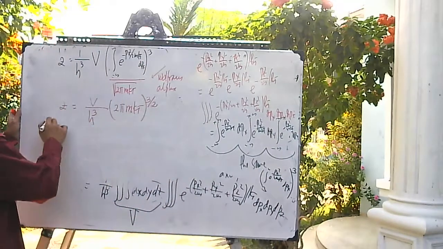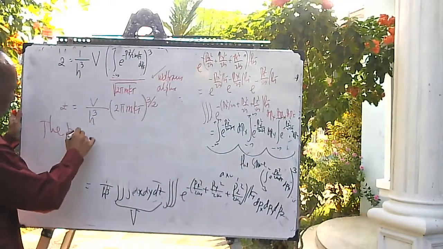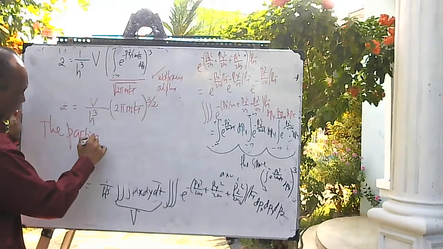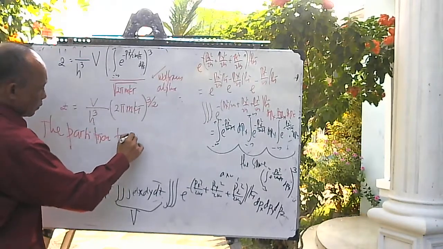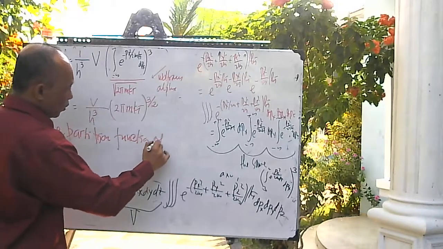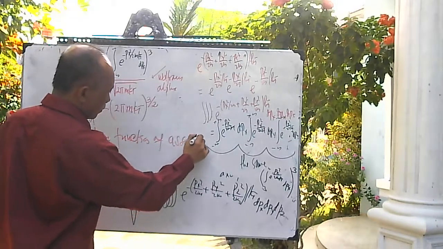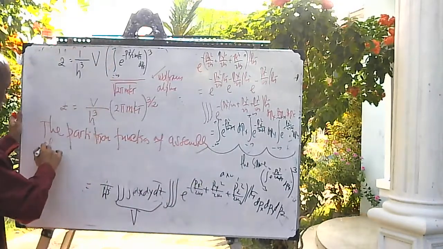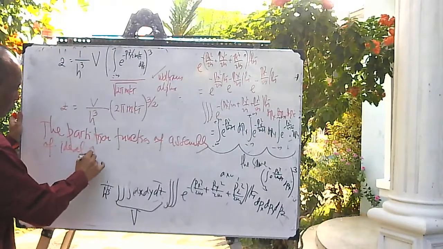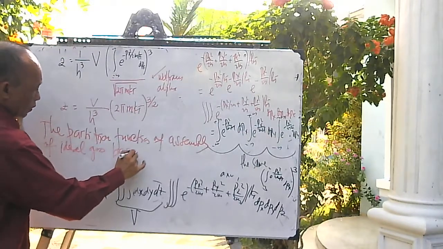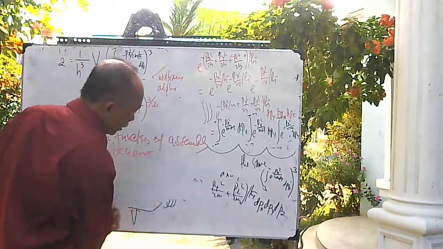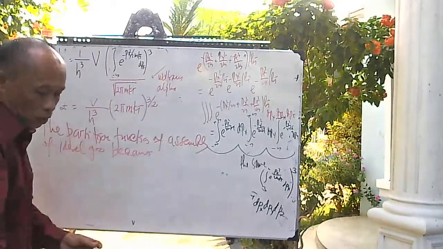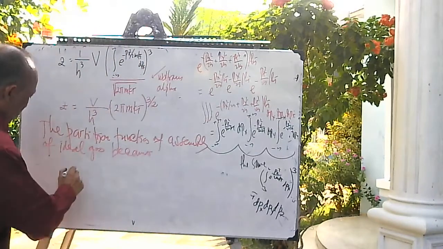So the partition function of the assembly of ideal gas becomes very simple, obtained from the partition function of one particle.